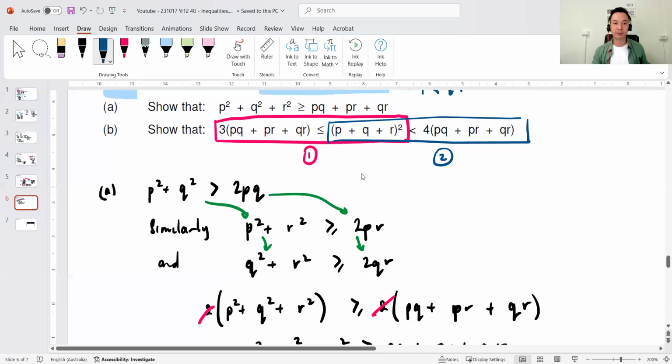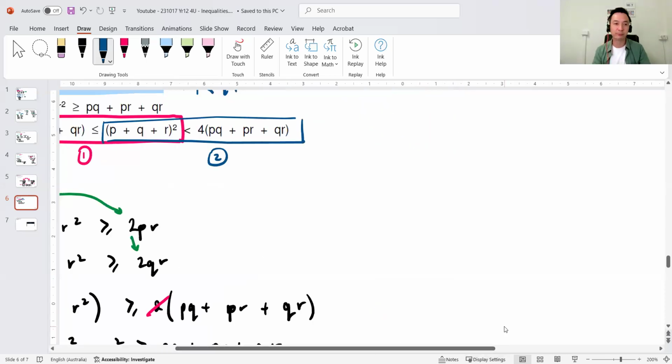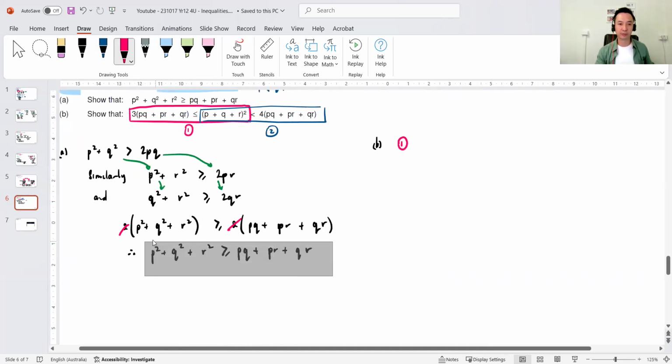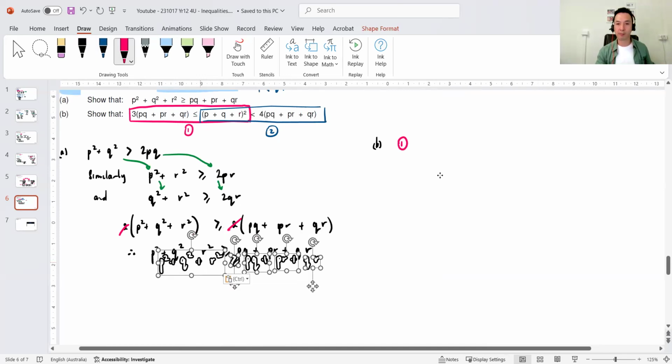So part B, let's do the first part first. For the first part of the story, we're going to use what we got from part A. Copy that.